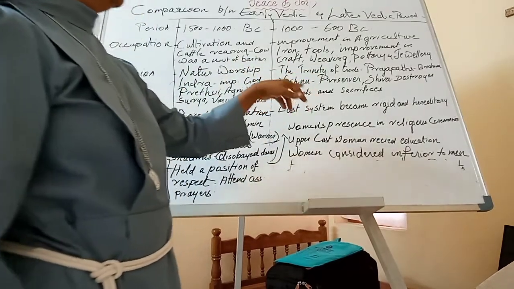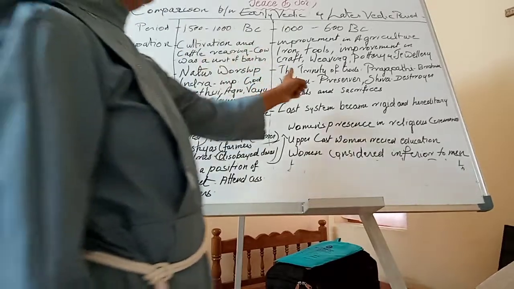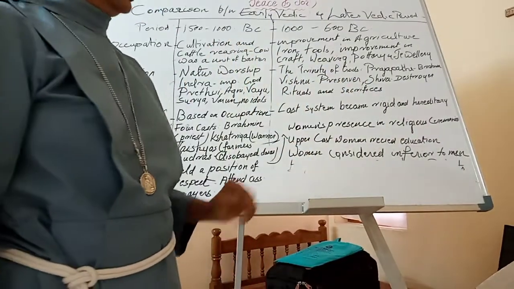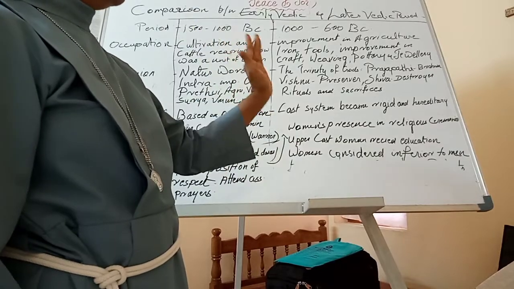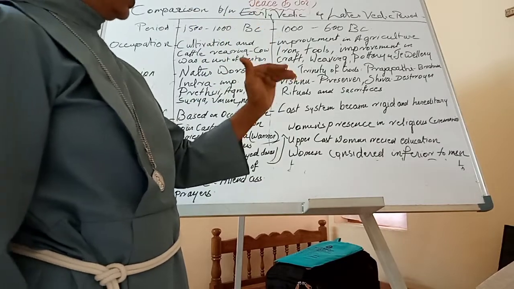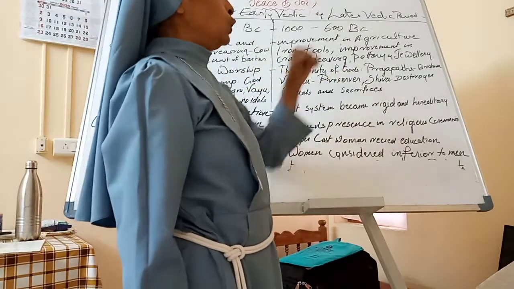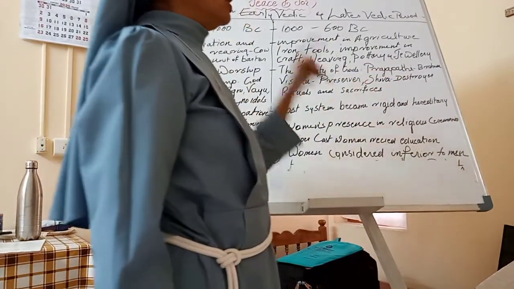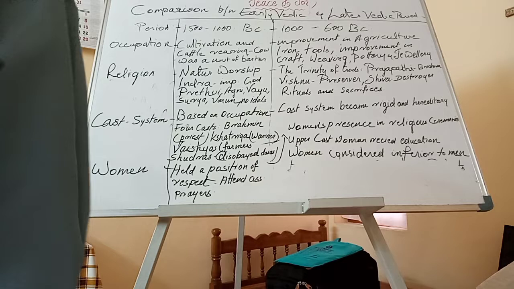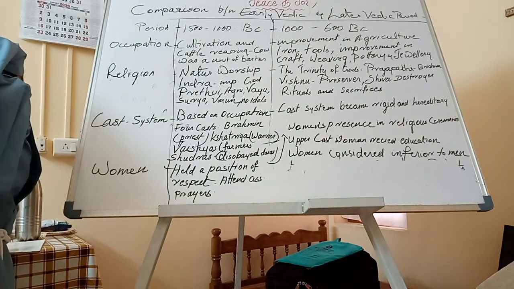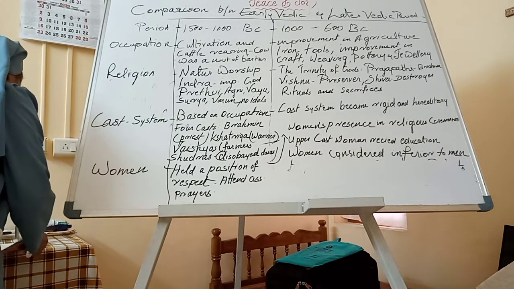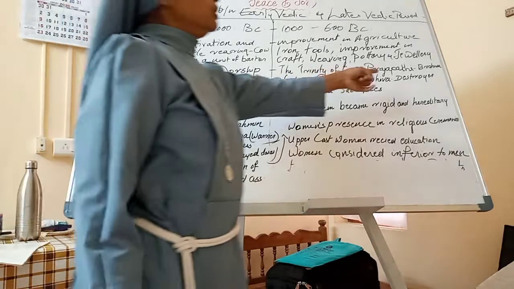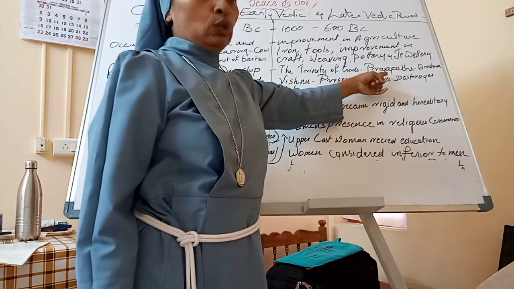Then coming to the later Vedic period, the Trinity of God was there. Nature worship came down a little bit, and the Trinity of God was there. Prajapati or Brahma was their important god. Brahma is the creator, we know that.